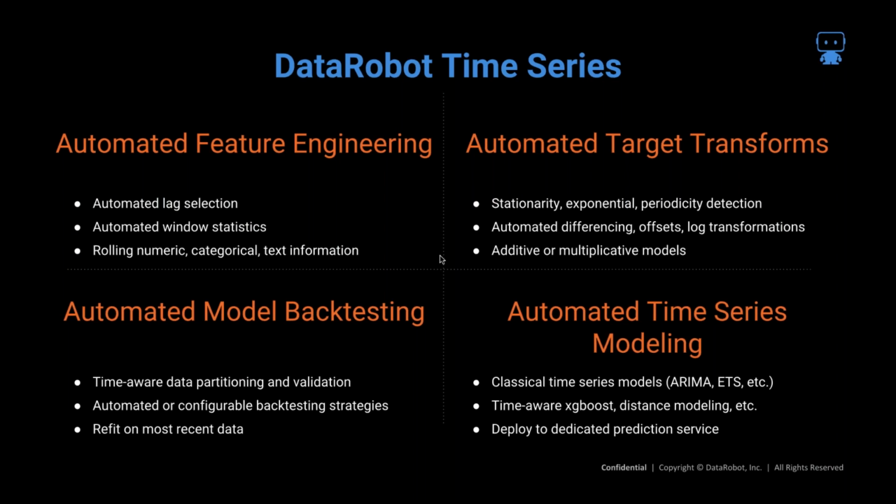Another group of features that we have is automated model backtesting. What it does is partition the data, using part of the data to build the model and part of the data for validation.